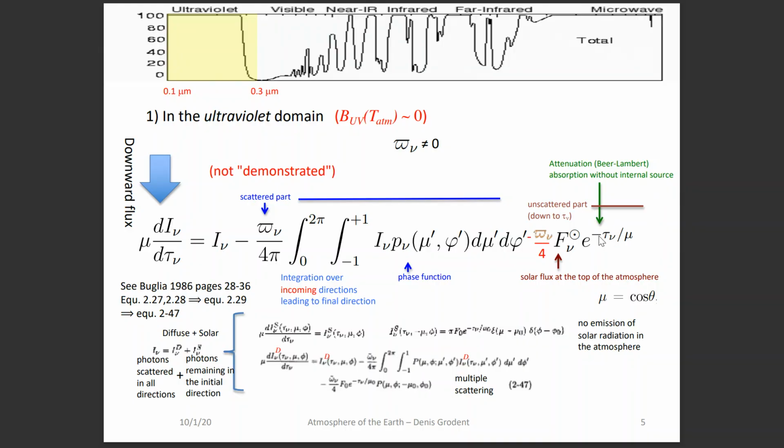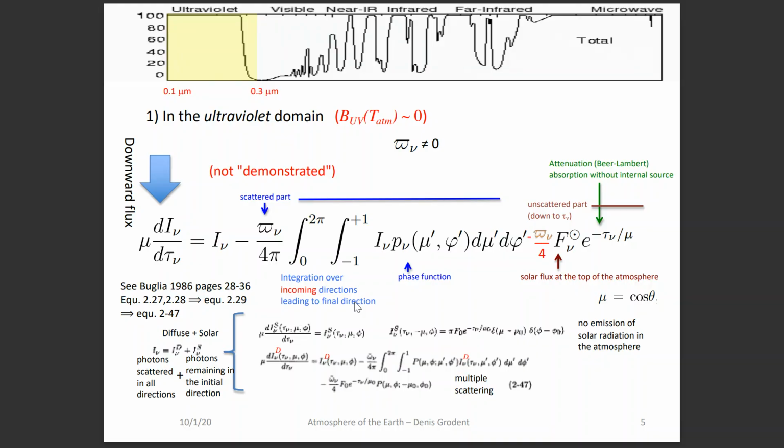We have an attenuation proportional to the optical depth, mainly with the absorption coefficient. In blue, you have the scattered part, integration over incoming direction leading to final direction, and you have the phase function also.